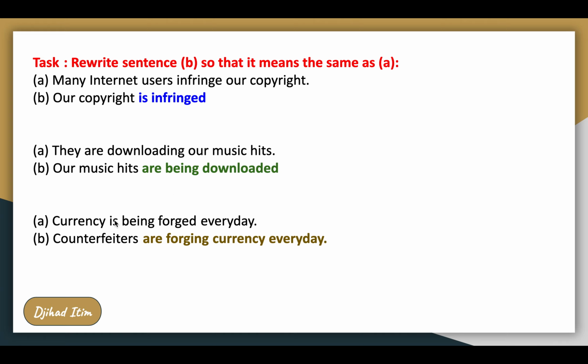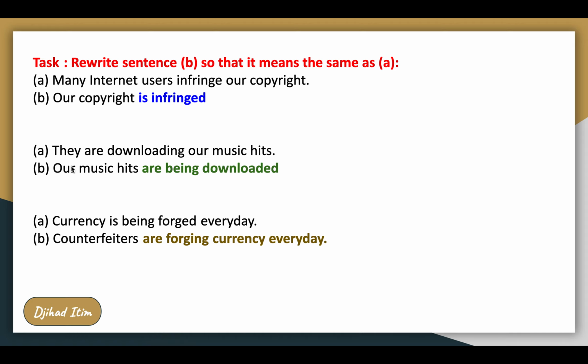The sentence here is in the passive voice because we have is being forged, so we write it in the active voice. We say counterfeiters are forging currency every day.